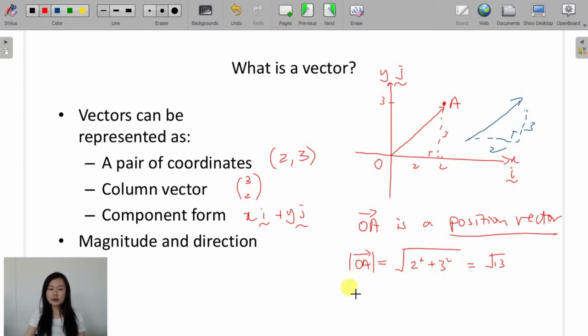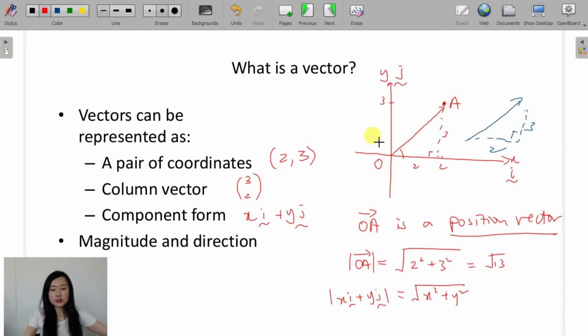Or more generally, the magnitude in the component form is basically the square root of x squared plus y squared. That's essentially Pythagoras. And for direction, often we work with the angle, and that can help us work out the direction. But that's pretty much it.